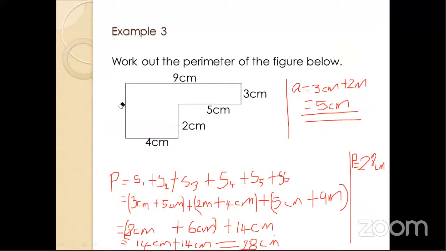In most cases, they set you with whole numbers. But in case you find the missing side is a fraction, then if you are adding, you know how to add fractions. If you are subtracting, you know how to subtract fractions. So you apply the concept that you have learned in fractions, addition and subtraction of fractions, in case they set it, but they rarely set that.